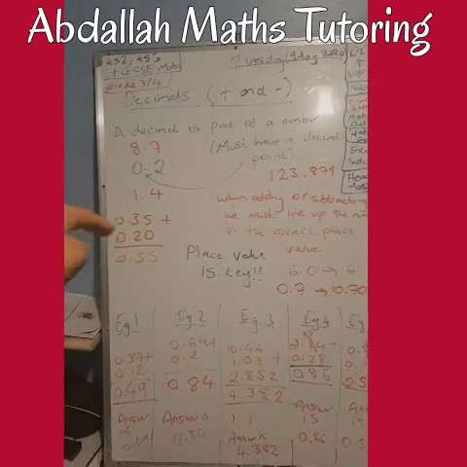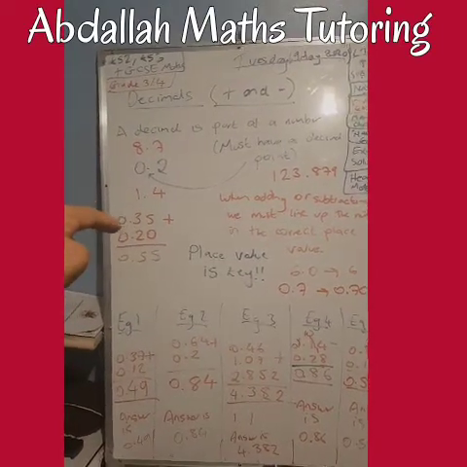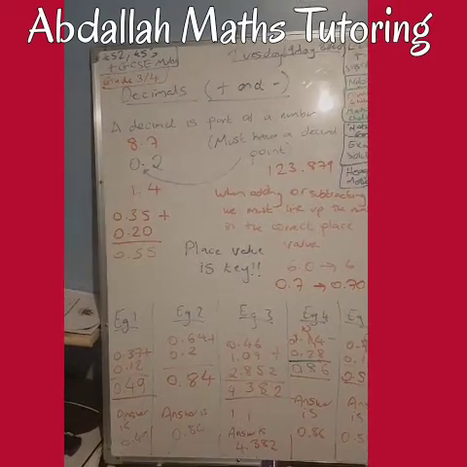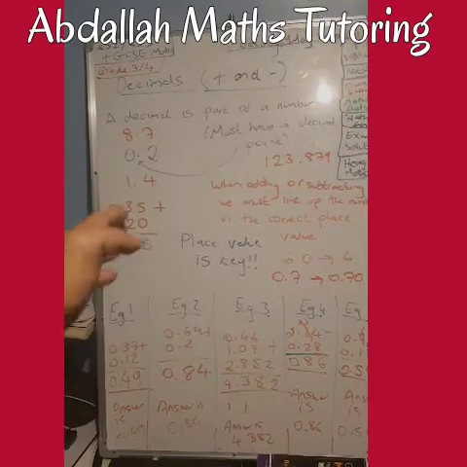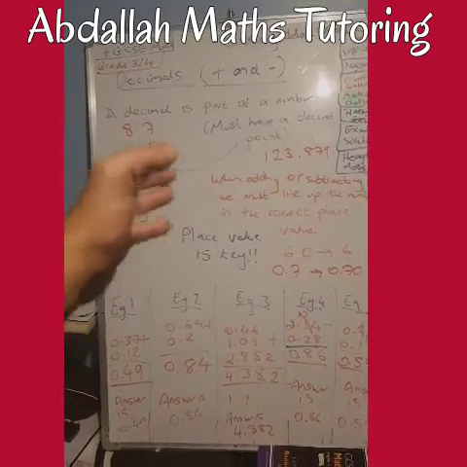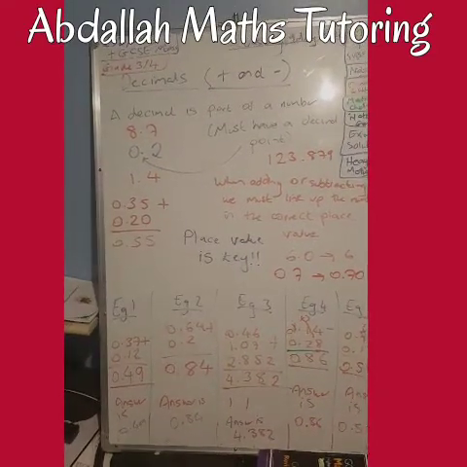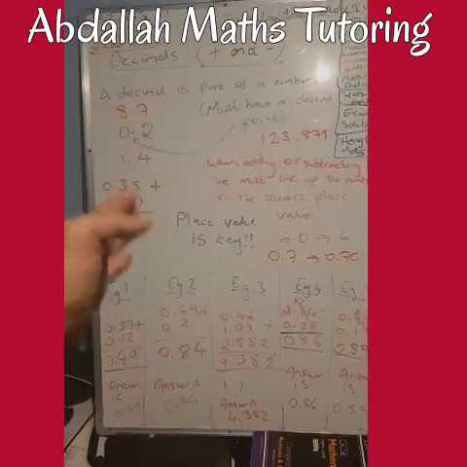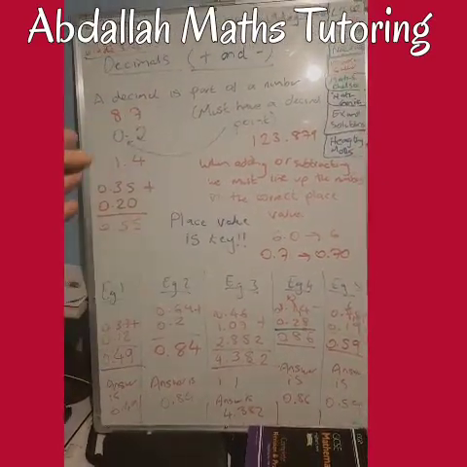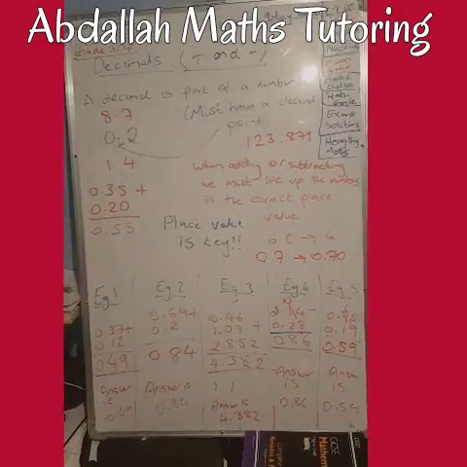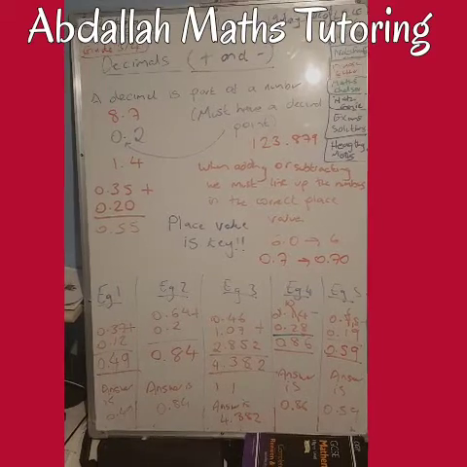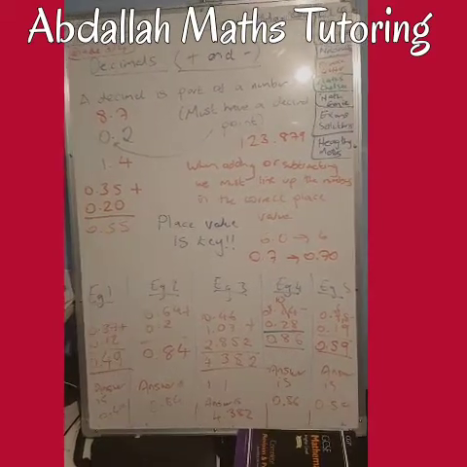So 0.35 is 0 units, 3 tenths, and 5 hundredths, then 0 thousandths, and 0 ten-thousandths, and so on. So we have to line all the tenths up, all the hundredths up, all the units up, and if we had tens, hundreds and thousands, we'd line those up too. So place value is key.